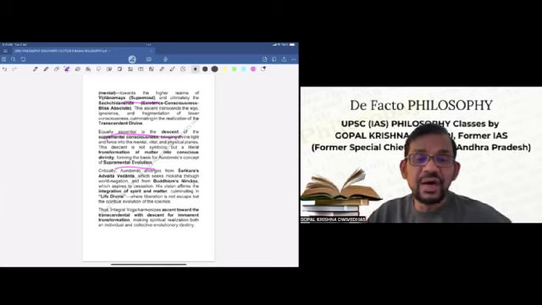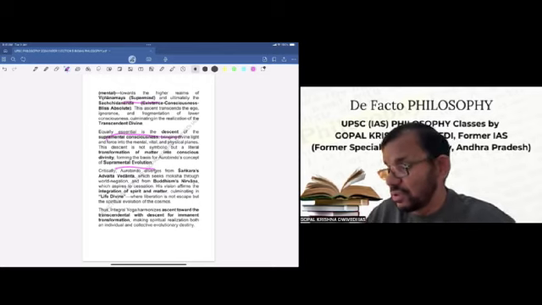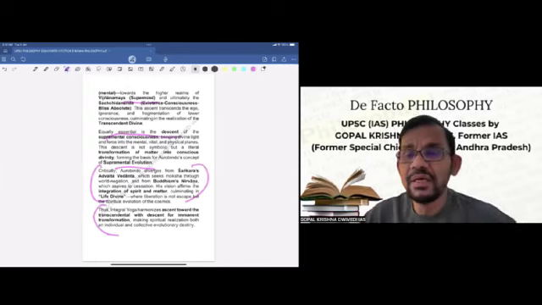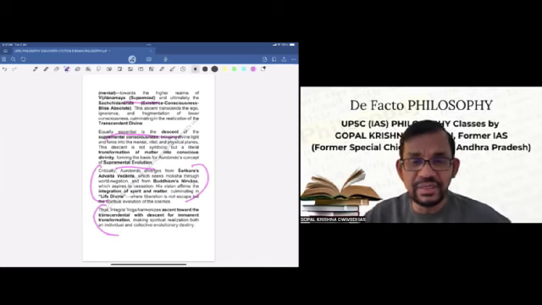Thus, integral yoga harmonizes ascent toward the transcendental with descent for immanent transformation, making spiritual realization both an individual and collective evolutionary destiny. So this is the critical part, and these are the concluding comments as far as Aurobindo's integral yoga is concerned.